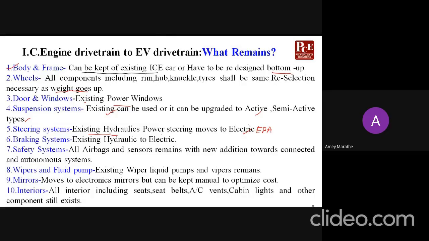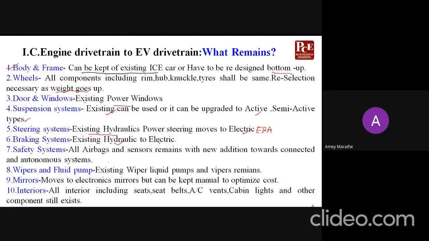Braking systems. Existing hydraulic brakes can be converted to electric braking. When I say electric braking, we are also talking about regeneration, and braking which happens electronically. So all the mechanical components are slowly getting replaced by electric.